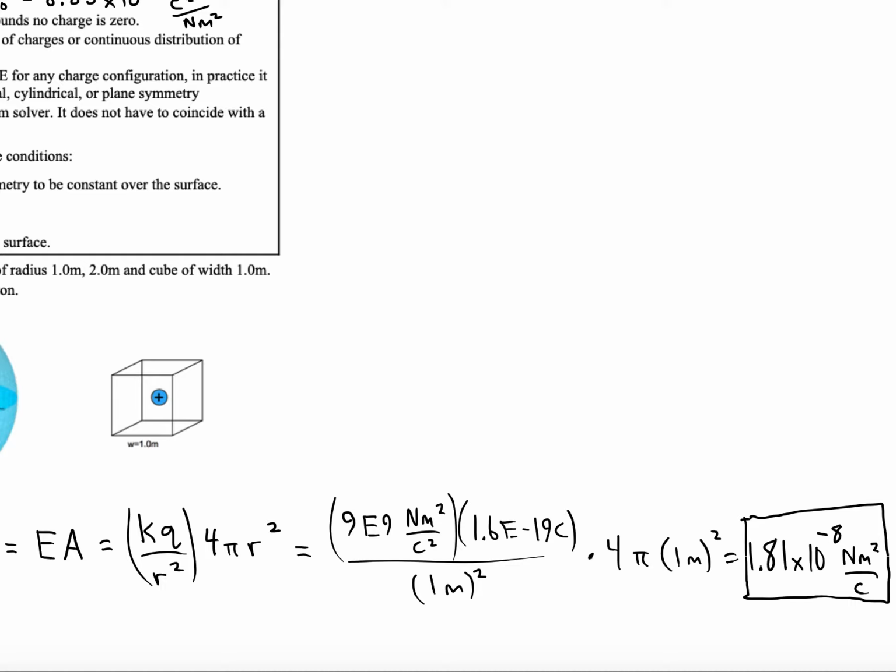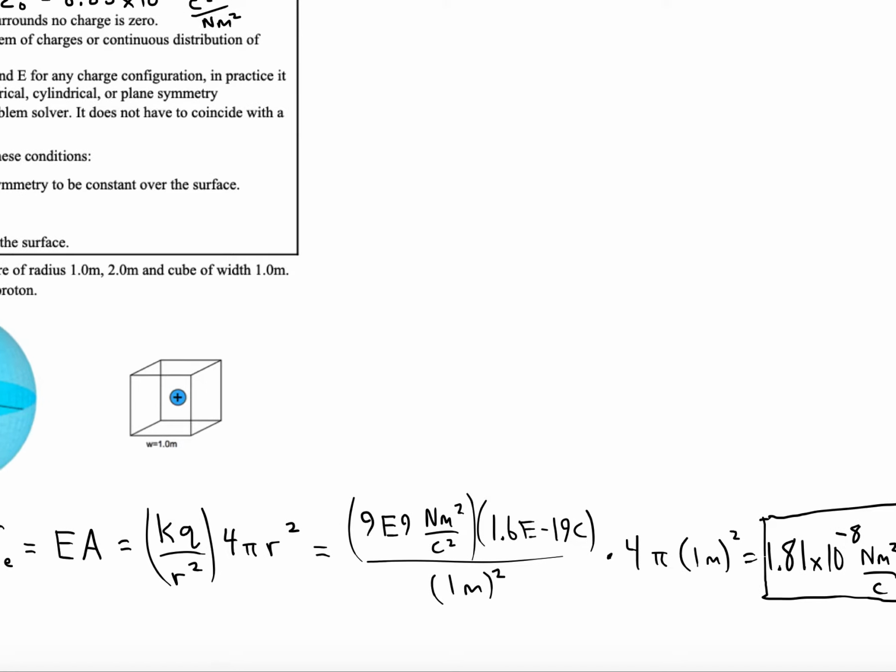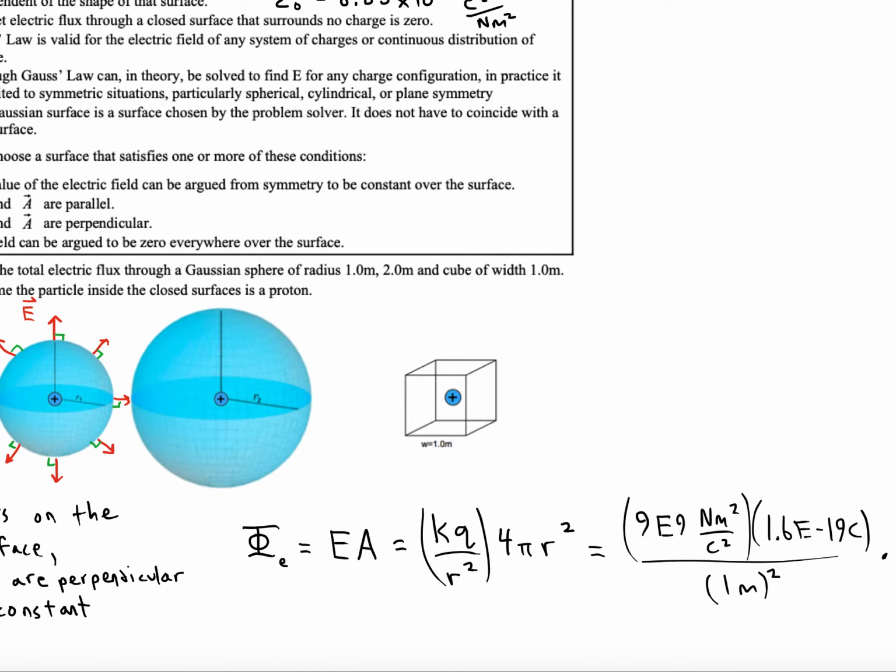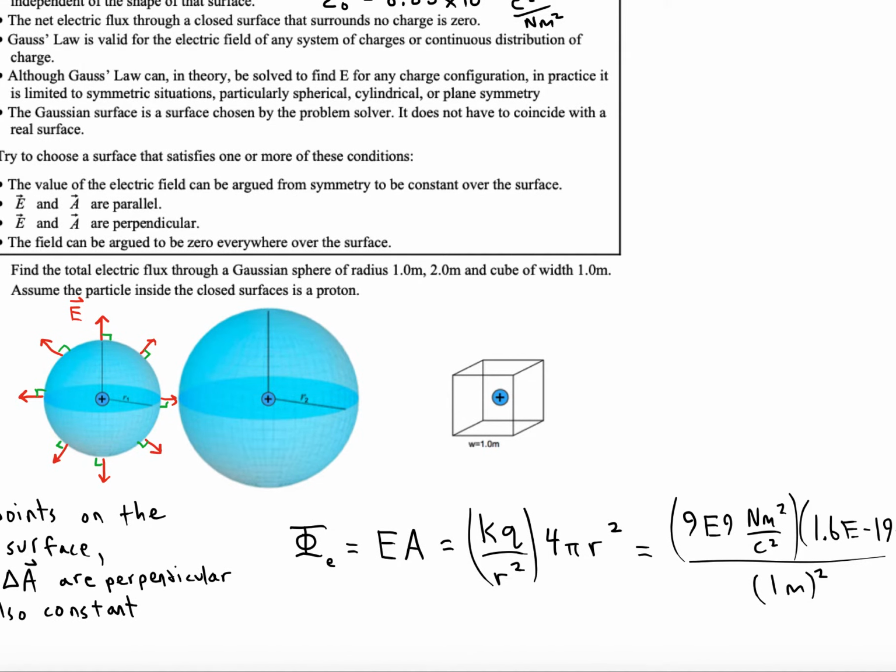Now, so far, I didn't use Gauss's law. All I did was I used our concept of electric flux being the product of a field and an area. But let's find the electric flux through the larger sphere.